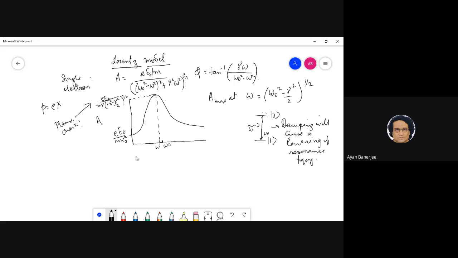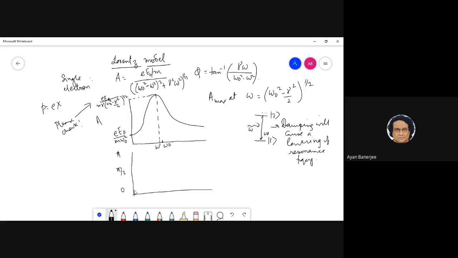However, what is interesting is the phase. Let me draw this as 0, pi by 2, and pi.